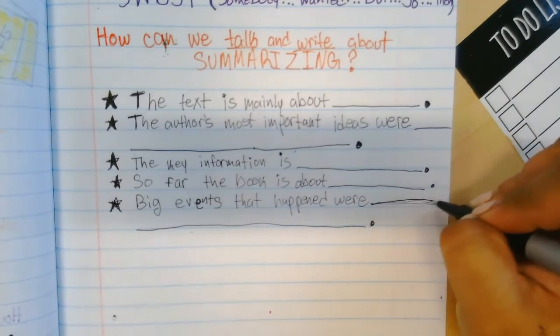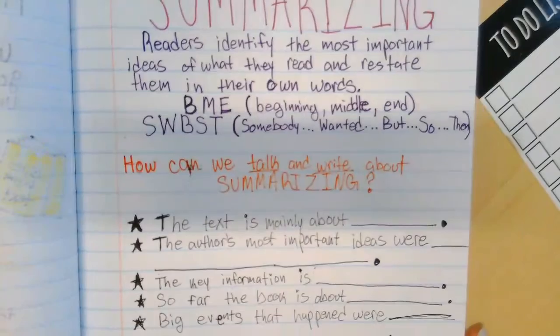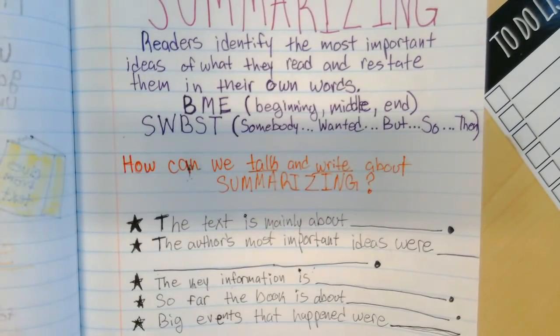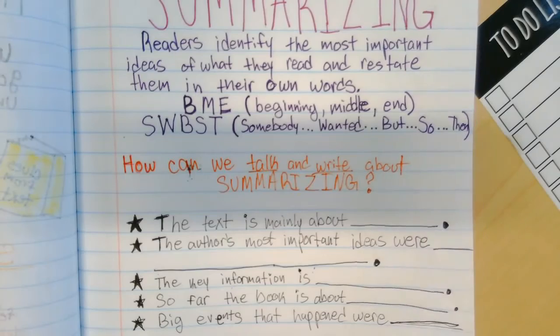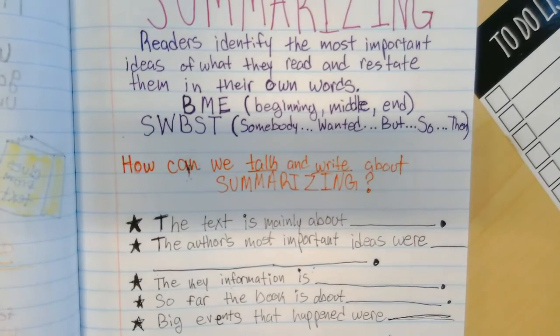Alright, so this is all we're going to do for this anchor chart so far. We might add some stuff to the bottom, and then tomorrow, Monday, we are going to make another anchor chart for summary versus retell, okay?